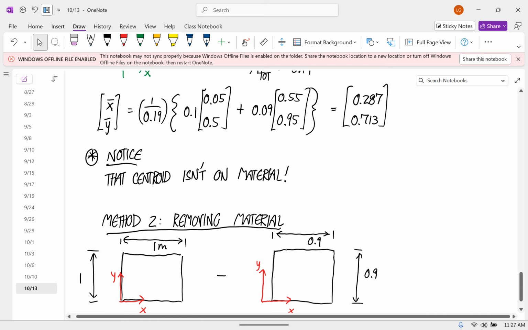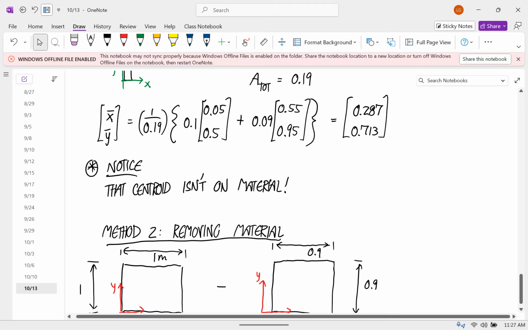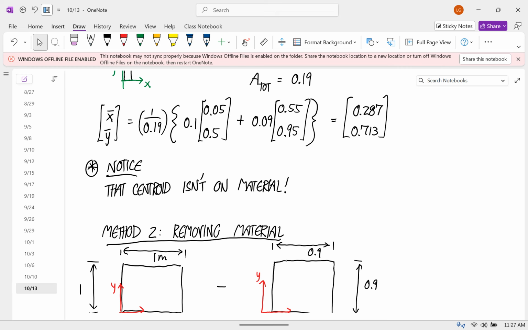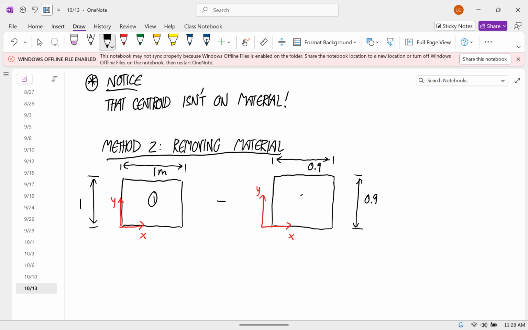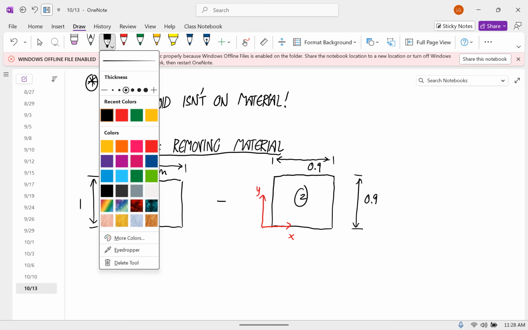You see why I'm doing that? Does that make sense? Any questions? So this is what I'm going to call body one, and then I'm going to remove body two from it.